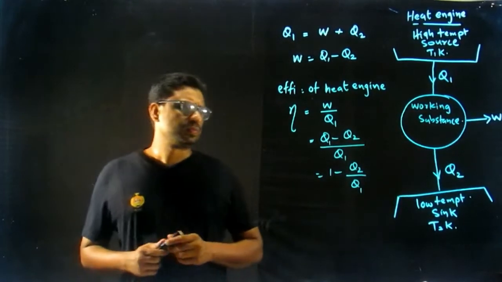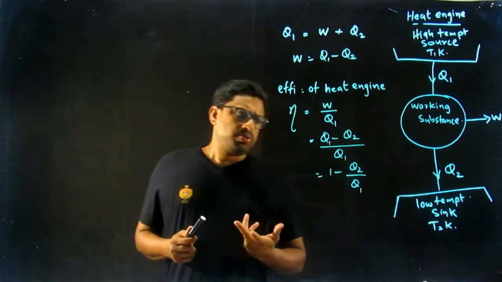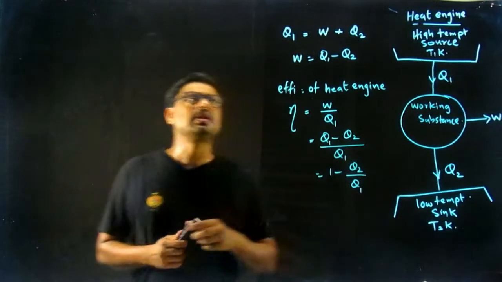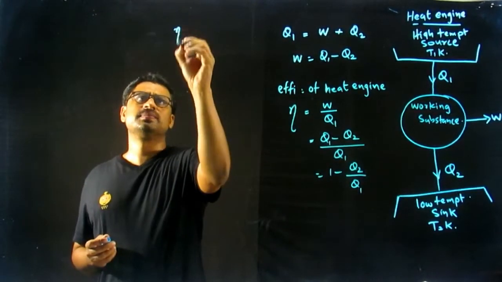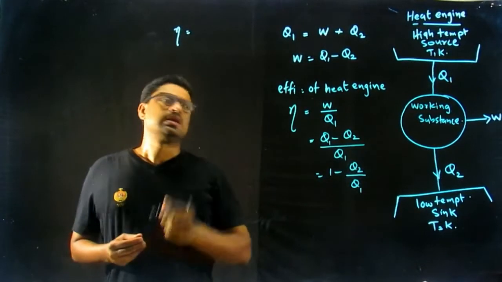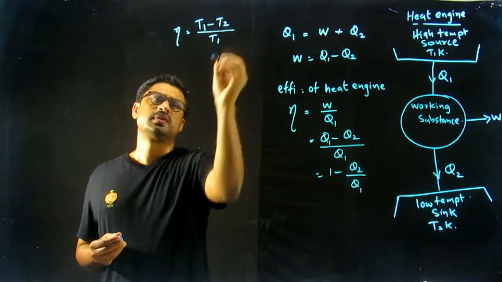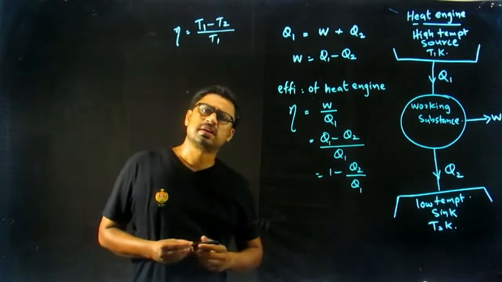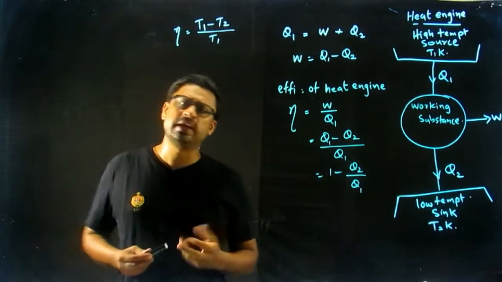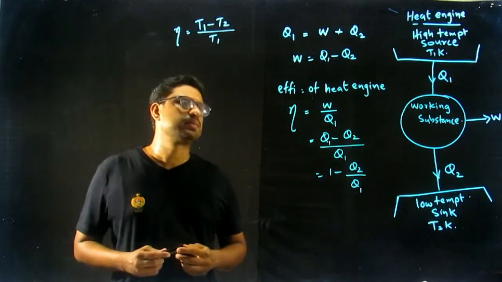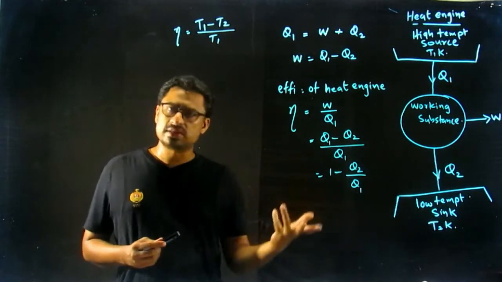Now, another equation for efficiency is T1 minus T2 by T1. How we get this relation, I will explain later in the Carnot cycle.